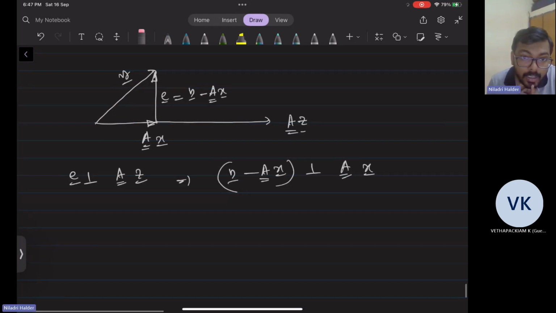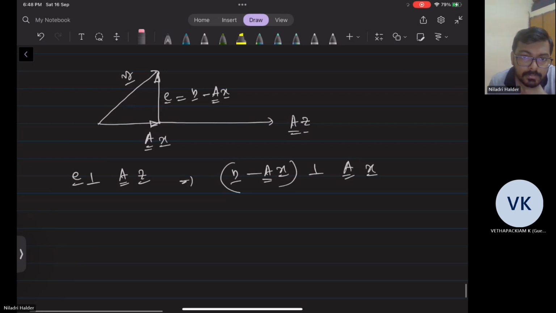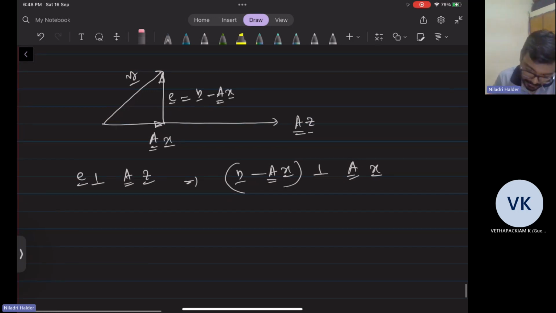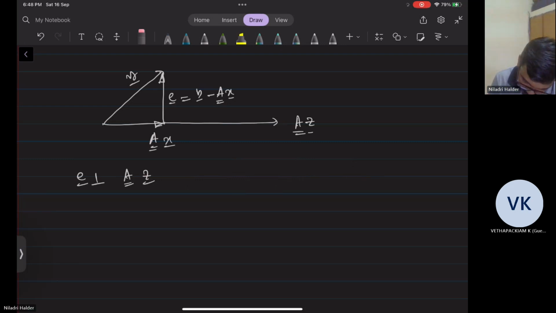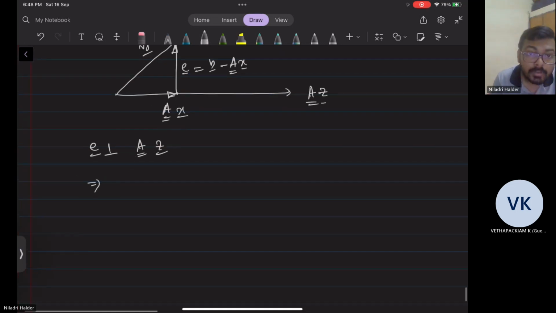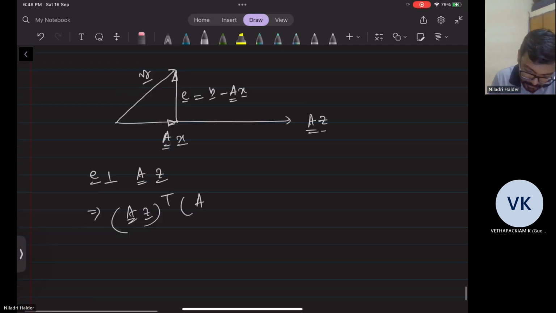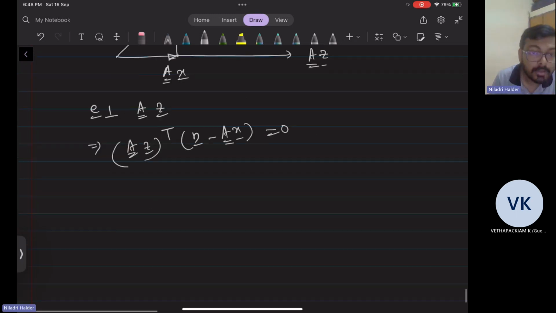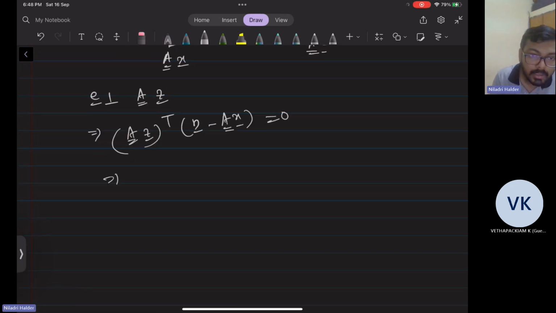So Ay is the Ax, yes, correct. So that means Az transpose times y minus x is equal to 0, for all z.